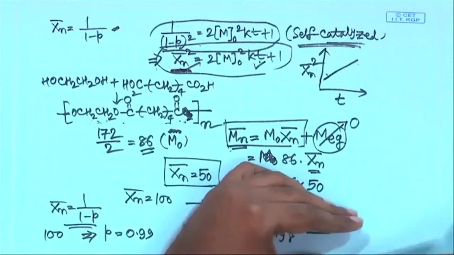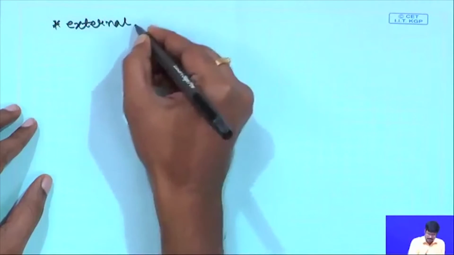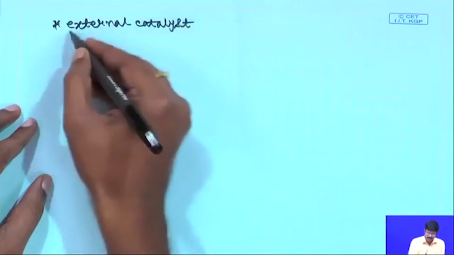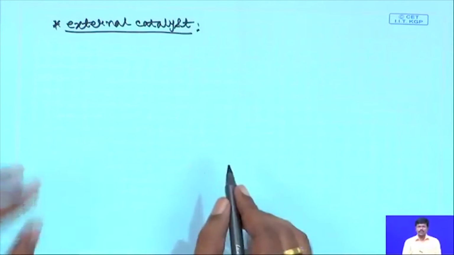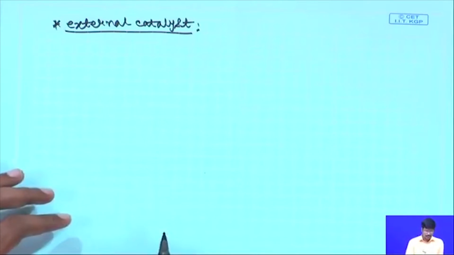So what will happen if you consider a different scenario, that is, if you are using an external catalyst? We have not yet told you how much time is necessary to go from 98% to 99% reaction; we will tell you after discussing these things here.